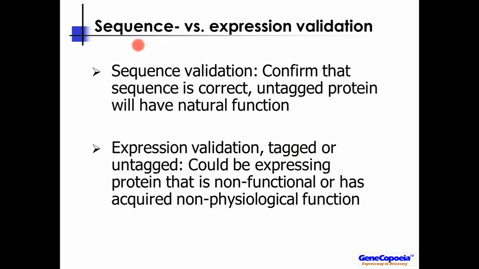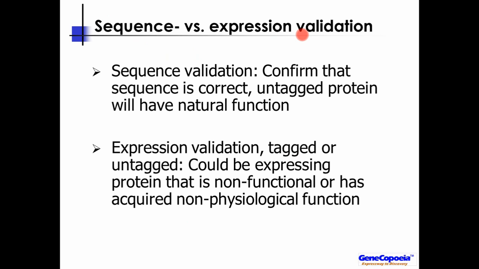All right, so what's so special about sequence validation? Some companies give you expression validation, where you can see each ORF functionally validated for expression in a cell culture model system. Well, in those cases, those expression-validated ORFs are done with ORFs containing a tag like a flag tag, which allows you to conveniently detect the expression.